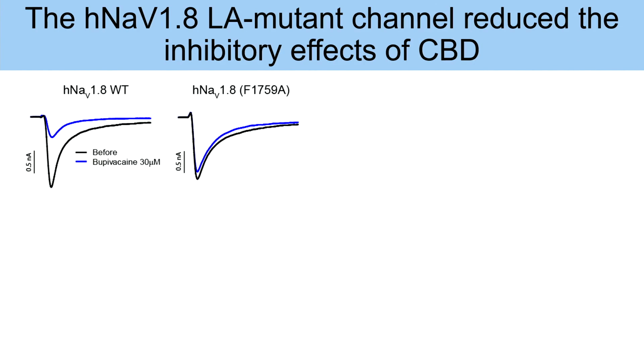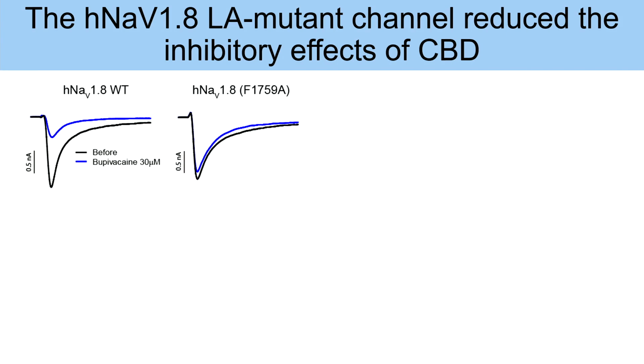So what we did, we introduced a very common mutant, phenylalanine to alanine. In this case, in the human NaV 1.8, it's in position 1759. However, in all the different sodium channels, this position regarding the numbering has a critical role in the binding of the local anesthetic.